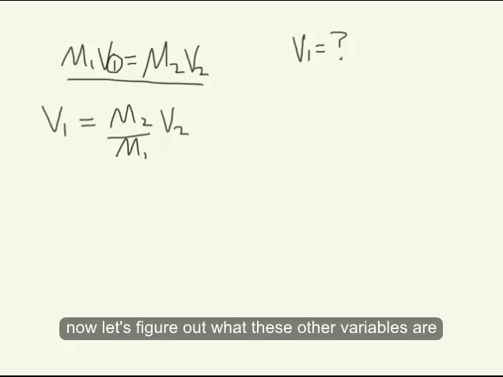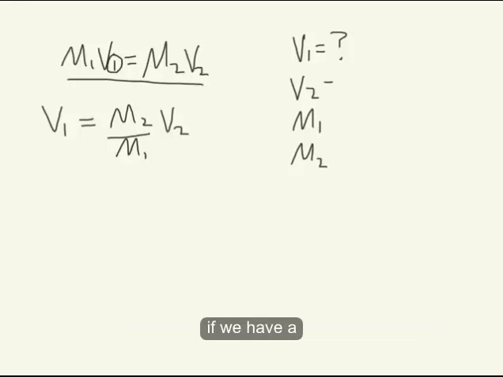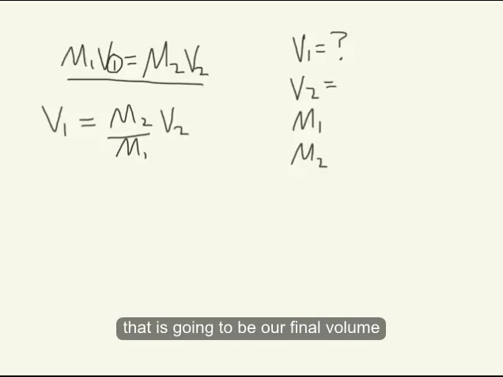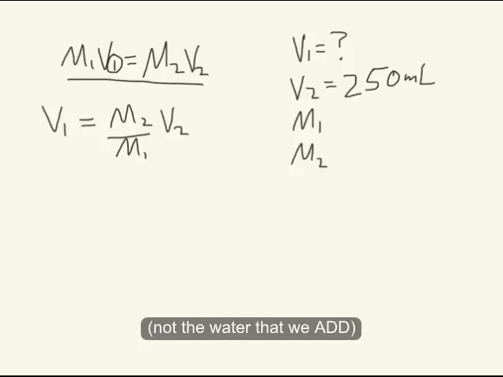Now let's figure out what these other variables are. If we have a 250 milliliter volumetric flask, that is going to be our final volume. Not necessarily the water that we add, though.